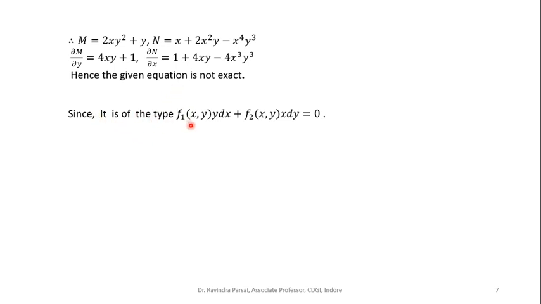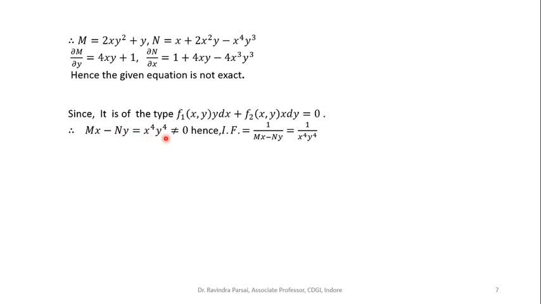We have already illustrated that the given question can be written in this pattern, f1(xy) y dx plus f2(xy) x dy equals 0. That is the position for applying rule number 2, because the first rule is already false since the function multiplying dx is not homogeneous. So the rule for the next step is finding the value of mx minus ny.